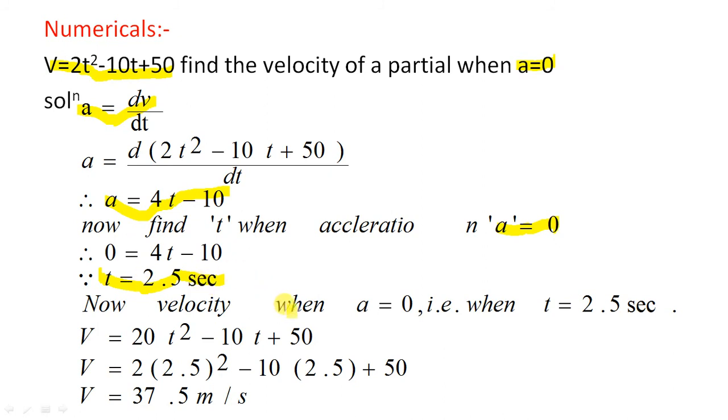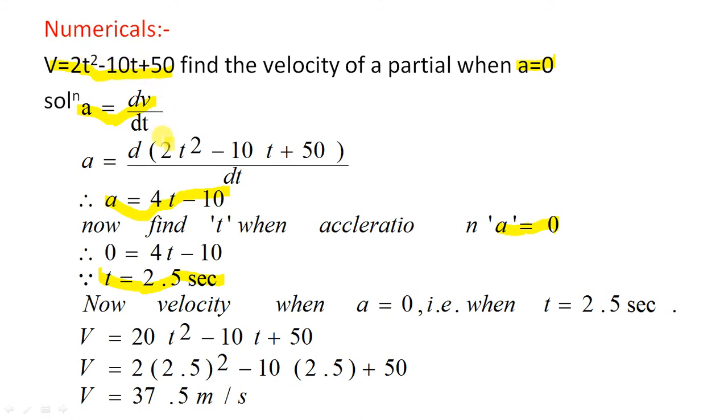Now we have to find out the velocity when t is equal to 2.5, that is, when acceleration is 0. Got it or not? At t is equal to 2.5 second, acceleration is 0. Therefore, if we substitute this t in this equation, you will get the velocity when acceleration is 0.